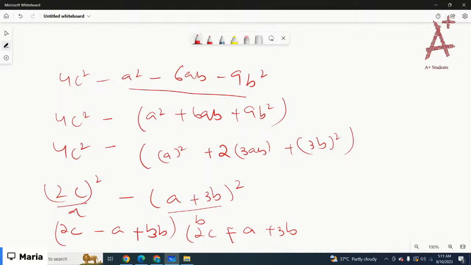You just have to rearrange them. Like we know that a square minus 6ab plus 9b square is the perfect square, right? So you just put them together and make it the square of a plus 3b, whole square, right?